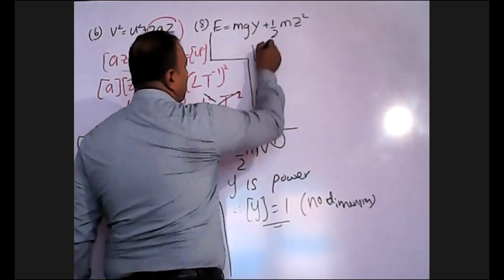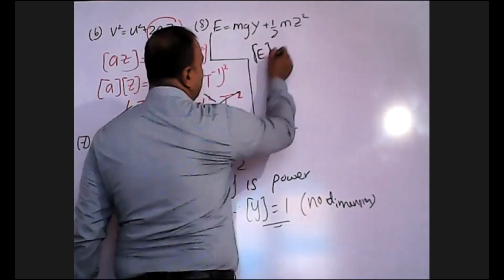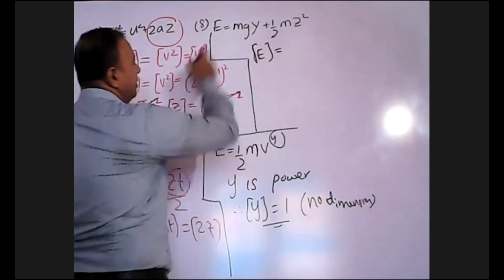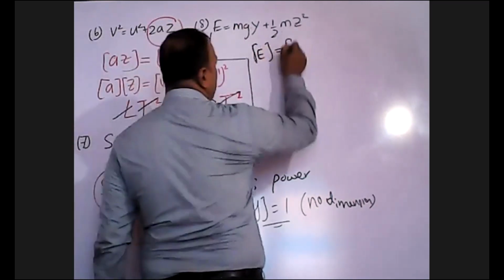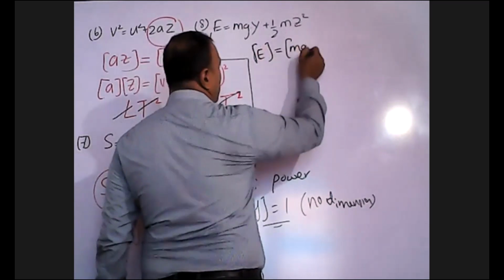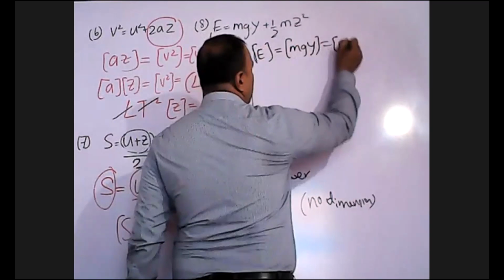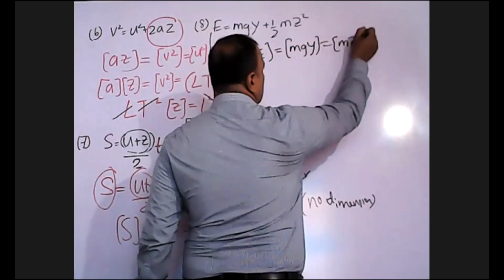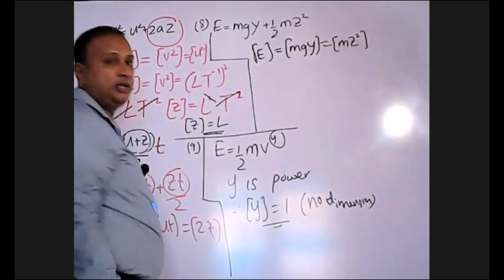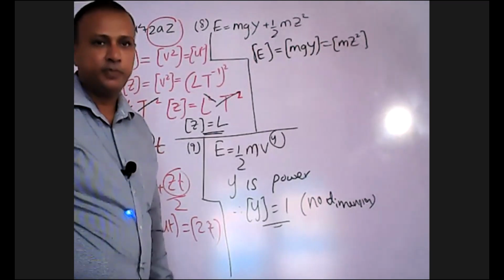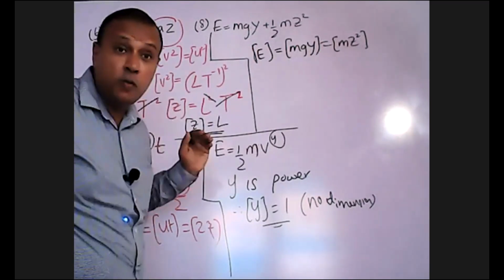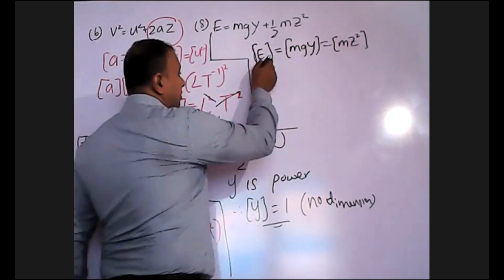So the dimension of E should be equal to the dimension of mgy, and that should be equal to the dimension of mz squared. What is my argument? You should write the argument.